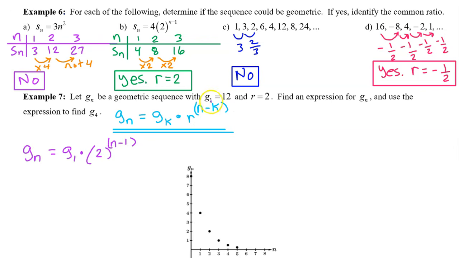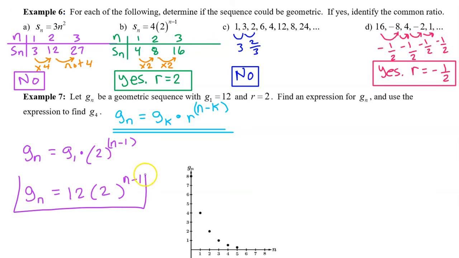But we know that G1 is 12. So this will become Gn is equal to 12 times 2 to the n minus 1 power. This is an expression for Gn. Now we can use it to find G4.